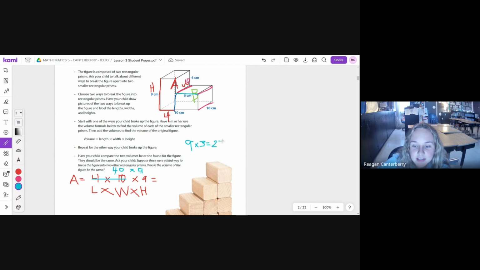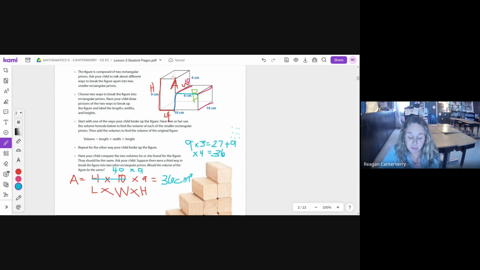And if they wanted to do 9 times 4, all they have to do is add 9 to this. So 27, 28, 29, 30, 31, 32, 33, 34, 35, 36. So that volume is 36 centimeters cubed. Okay, so that would be the volume for figure A.